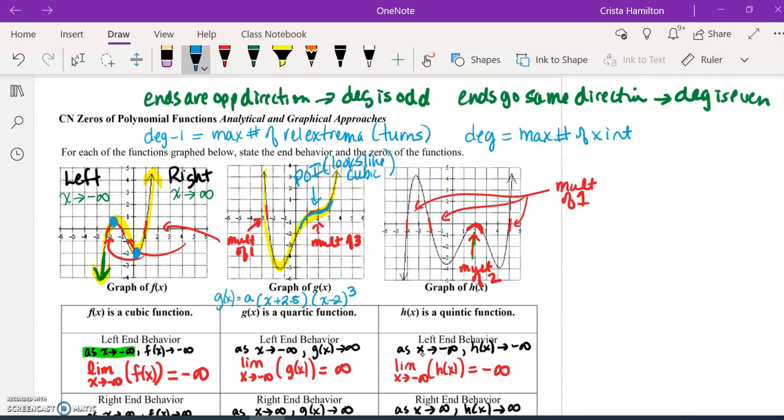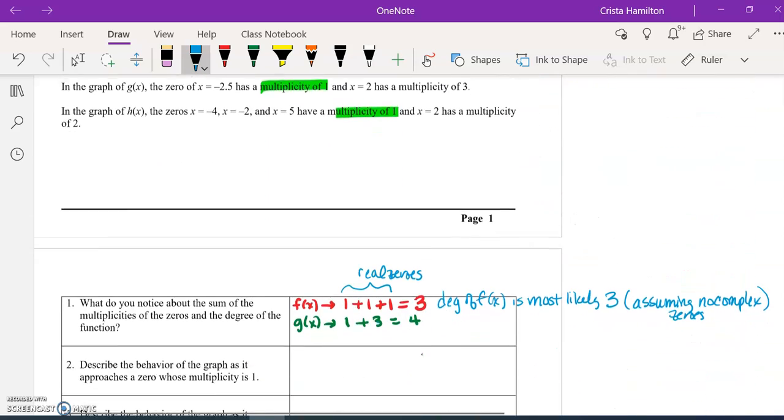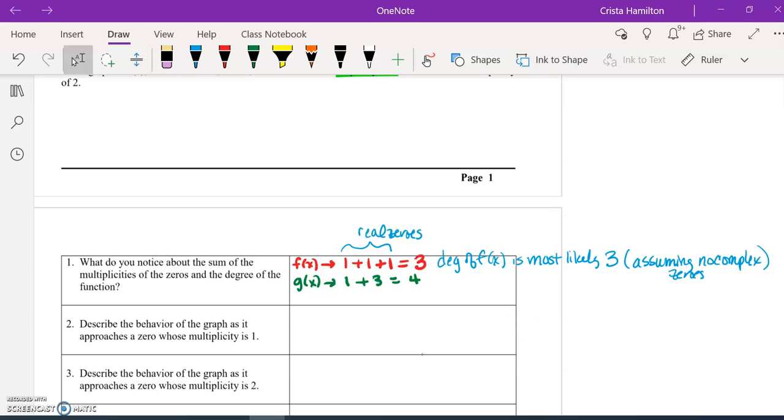At a minimum, assuming no complex zeros, we would have to have at least a 4th degree polynomial for g of x. So down here, notice that if we add up the multiplicities, assuming no complex zeros, the degree of g of x is at least 4, and it's even.